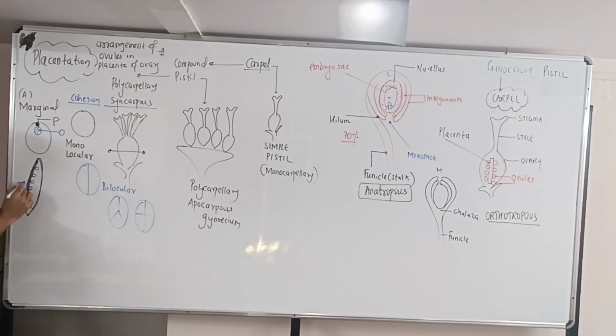This region is called the ventral suture. So can I say all the ovules are arranged along the ventral suture, a margin which is called ventral suture. So such a placentation will be called marginal.